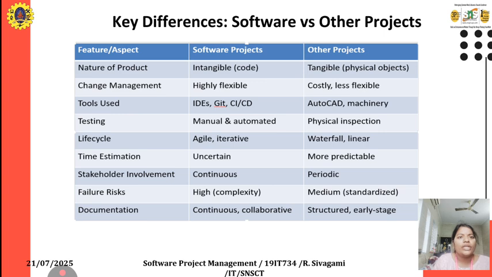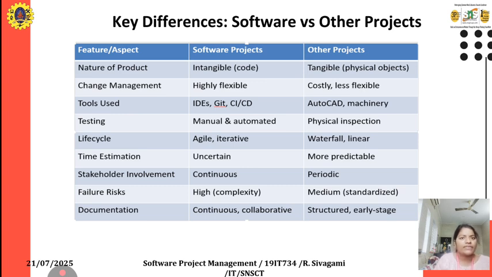The tools used in software are IDE, Git, and CI/CD. In non-software projects they are machinery, materials, AutoCAD, like that. Testing in software is manual and automated, while other projects have physical inspections.